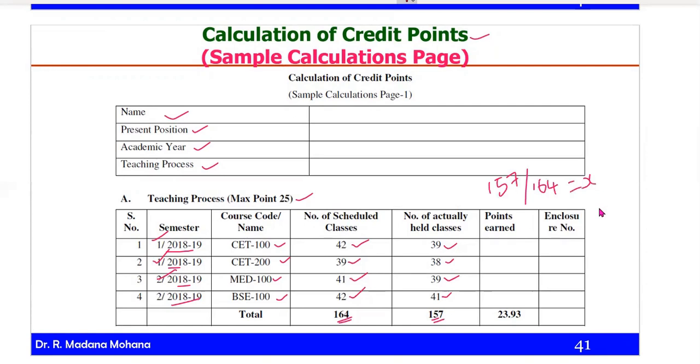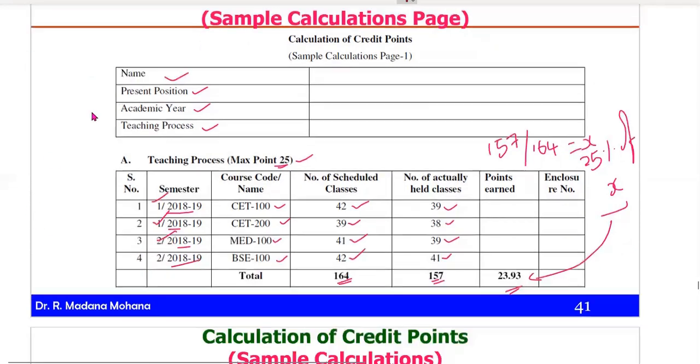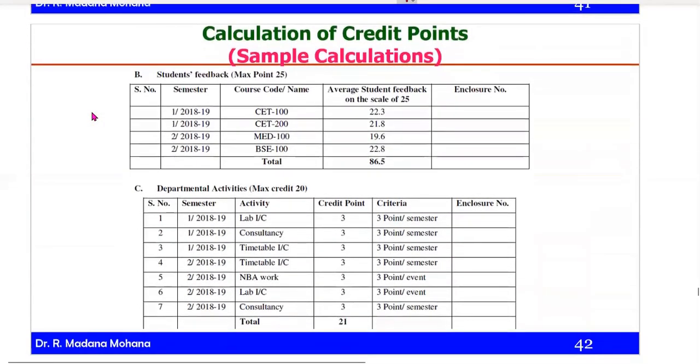In X, the maximum weightage is 25, so you can take 25 percent of X. Then here you will get this value 23.93. So for one parameter, teaching process, the calculation will be done like that. Like all other parameters also, similar calculations will be done. Other parameters here, just the samples are included.